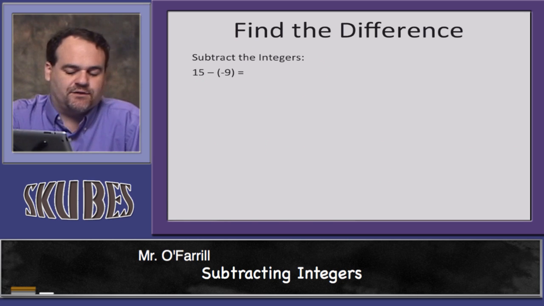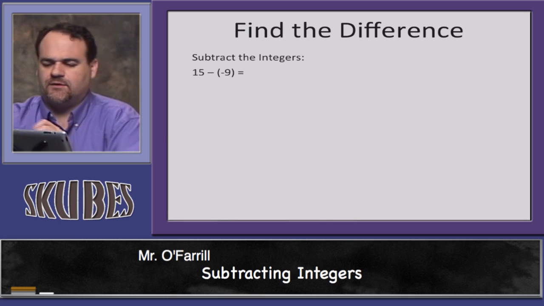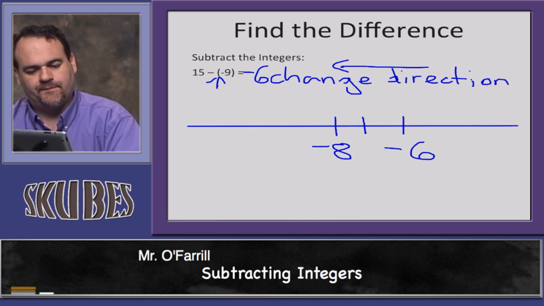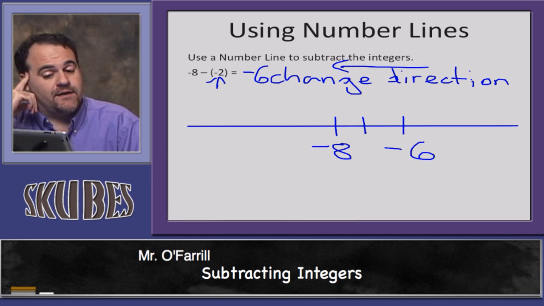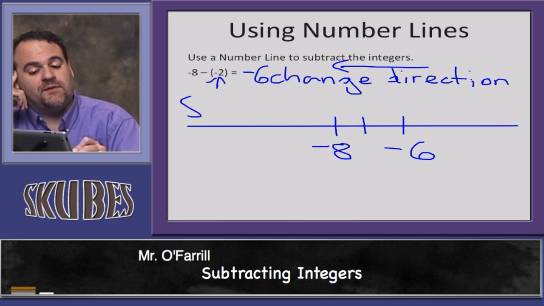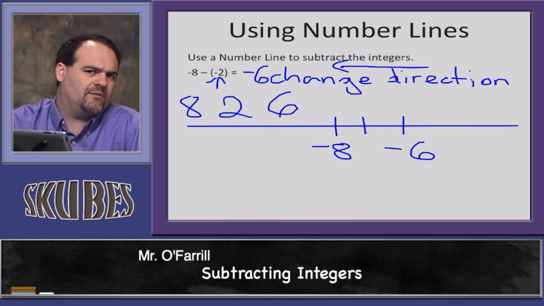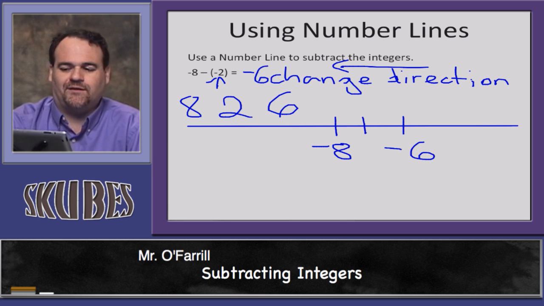So let's subtract these integers. Well, didn't we have something similar to this earlier? I think we did. Here we go. Let's ignore all the signs. We have an 8 of some kind, a 2 of some kind, and a 6 of some kind. What did we do? Well, 8 minus 2 is 6, isn't it? Certainly is.